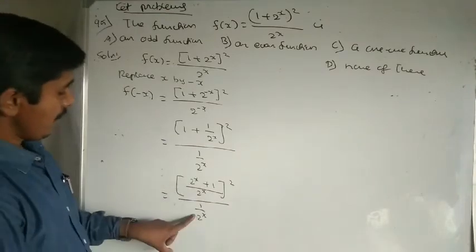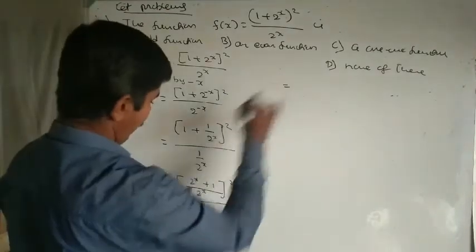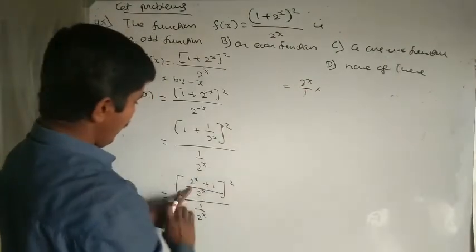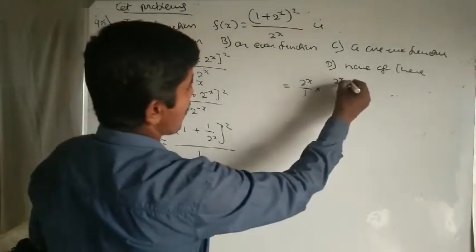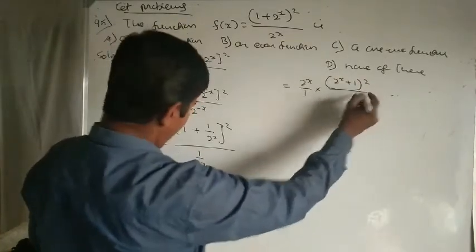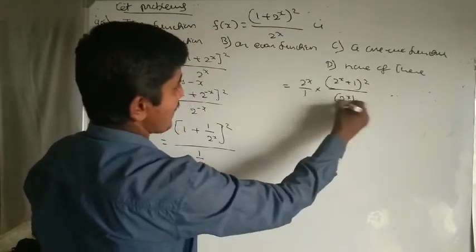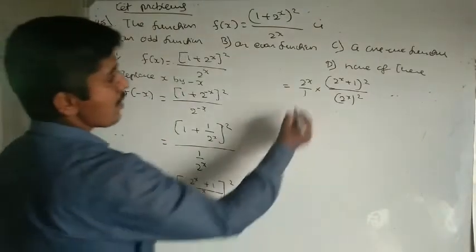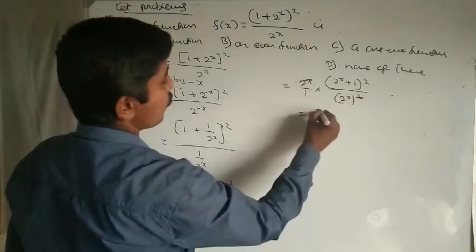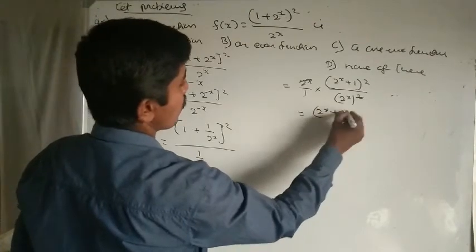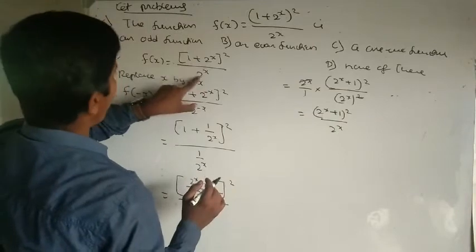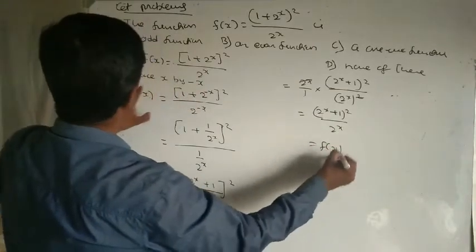Taking it to the numerator, it becomes 2 power x by 1, into (2 power x plus 1) whole square divided by (2 power x) whole square. 2 power x gets cancelled. (2 power x plus 1) whole square divided by 2 power x. Clearly this is f of x.